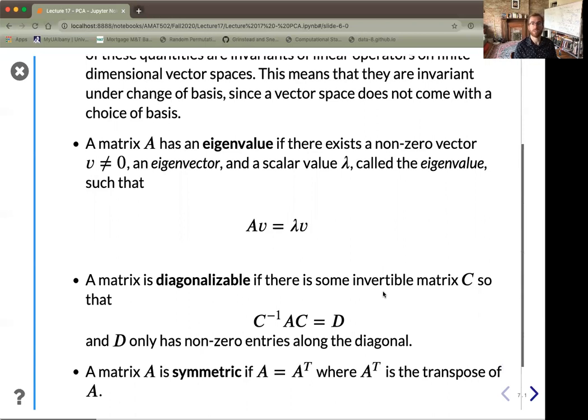Another concept which is really important is this notion of diagonalizability. This turns out to be the thing which really makes the theoretical perspective of linear algebra useful. A diagonal matrix is one where you have only non-zero entries on the diagonal. Everything else is zero outside of the diagonal, so it looks very simple.